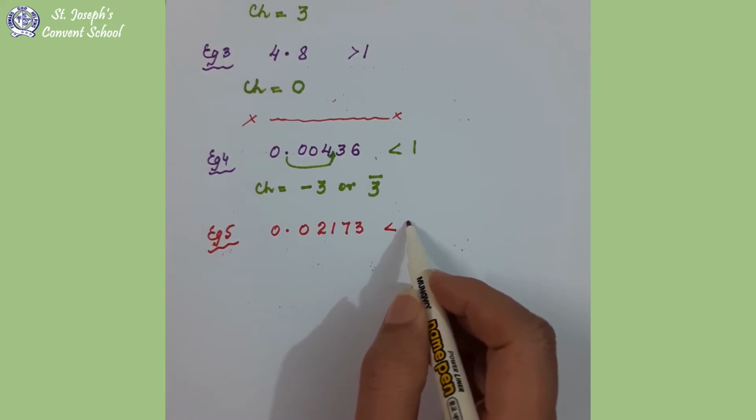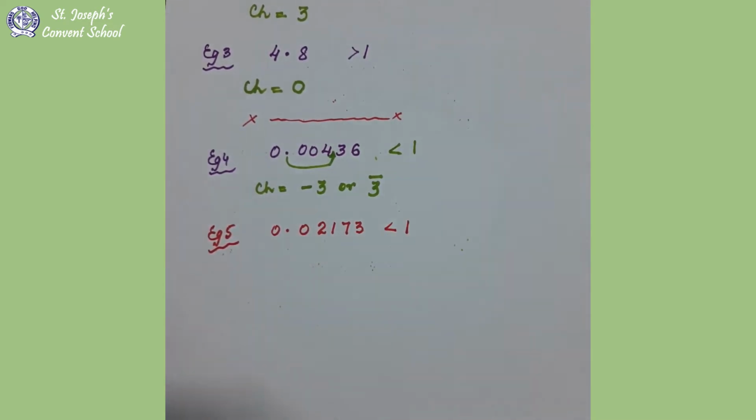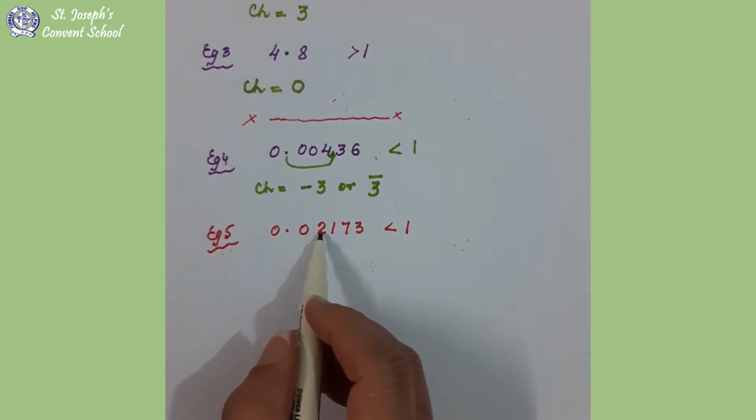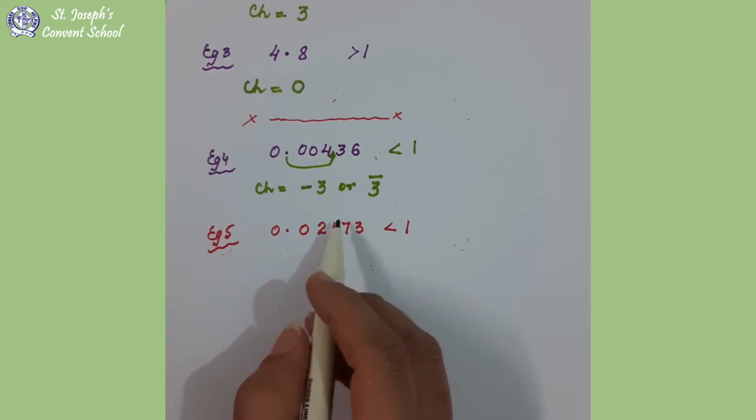So the number is less than 1, it means you will get negative characteristic. Again the rule is the same, you have to shift the decimal after the first non-zero digit. Now here this is 0, this is 0 and 2 here. 2 is non-zero. This is not 0, this is 2. So after the non-zero digit, after means after 2.